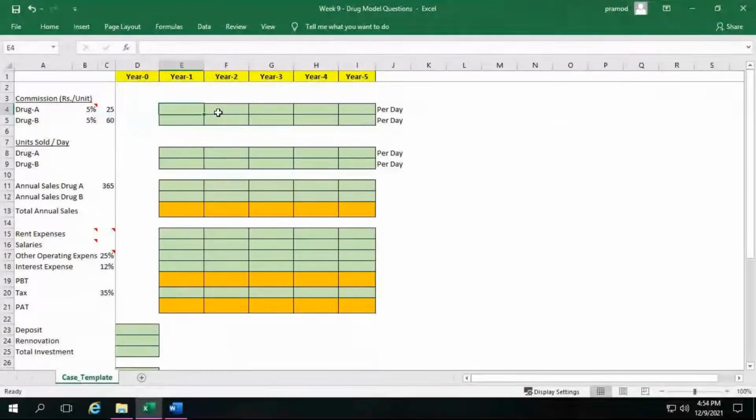So here, same 25 and 60. To find out, equals, into, open bracket 1 plus 5%. So you'll get the answer. Equals into 1 plus 5%.